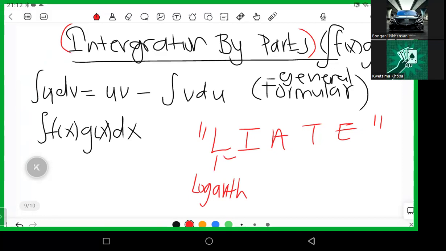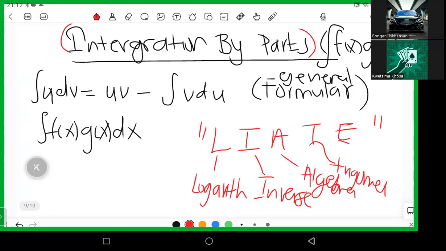I stands for inverse, A stands for algebra, T stands for trigonometric, E stands for exponential.